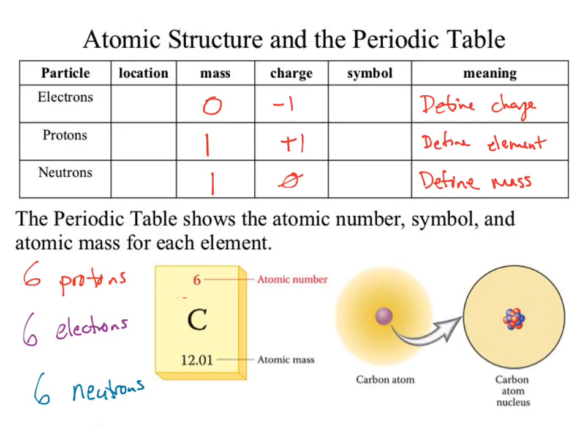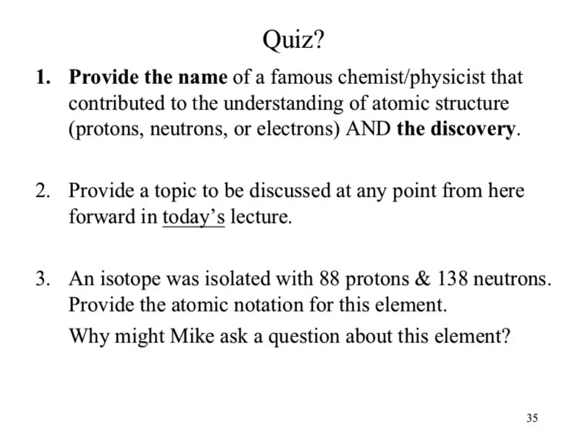It's the atomic mass. The mass number and the atomic mass, or atomic weight, are different things. That is all going to come down to what's happening with our neutrons, which we'll look at in a second.